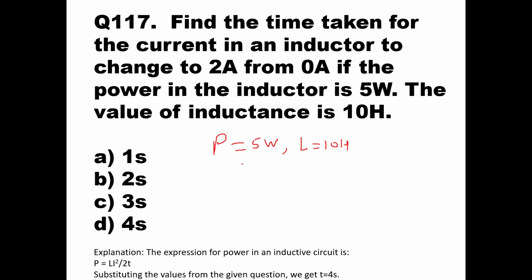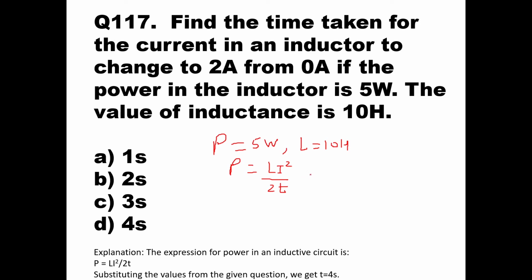Now we know that power is equal to L I square upon 2T. Substituting these values of L, I, and 2T, we know that I is 2 amperes.